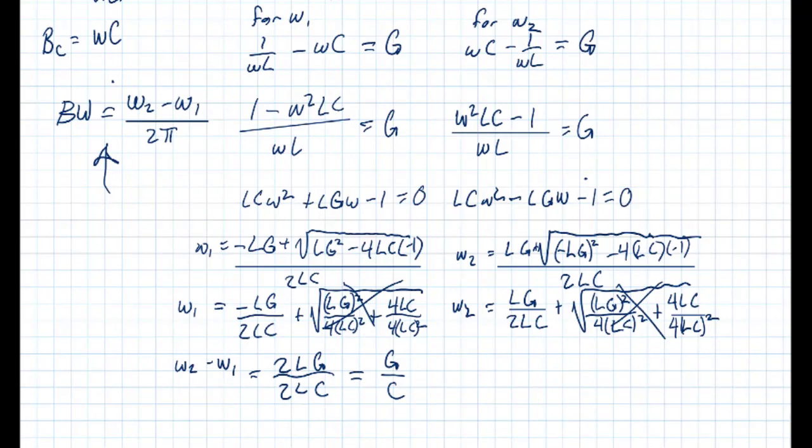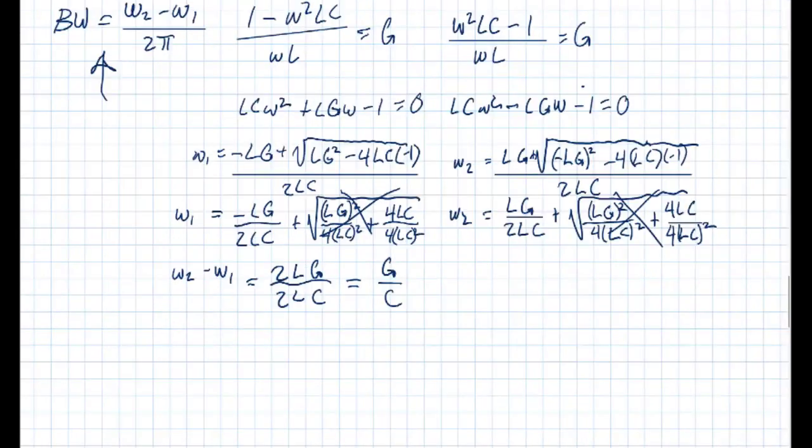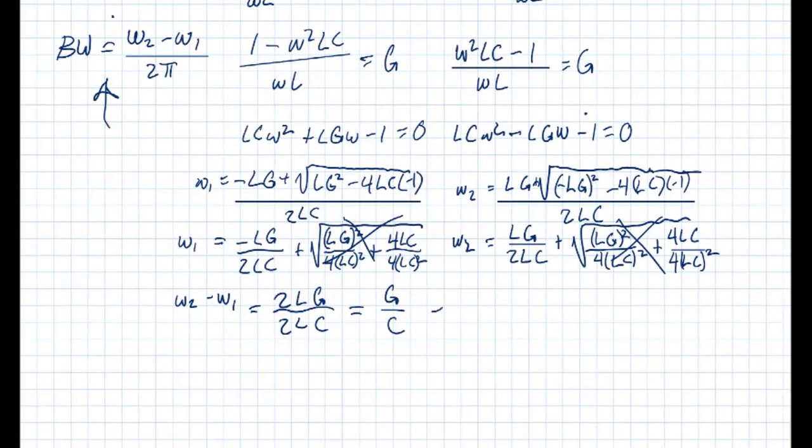So the bandwidth is omega 2 minus omega 1 over 2 pi, which equals G over 2 pi C. And I'll just write it down.